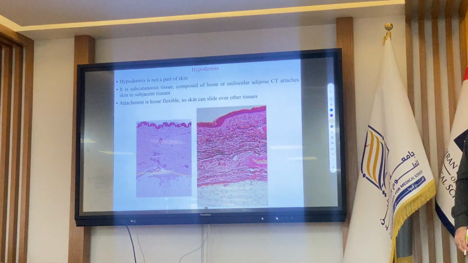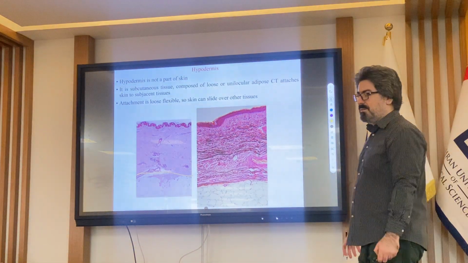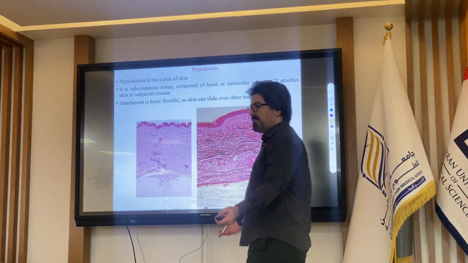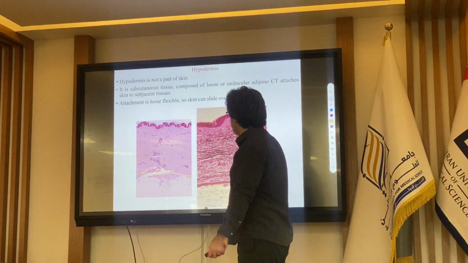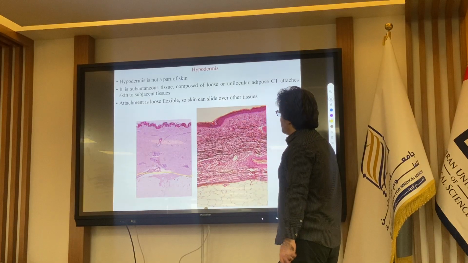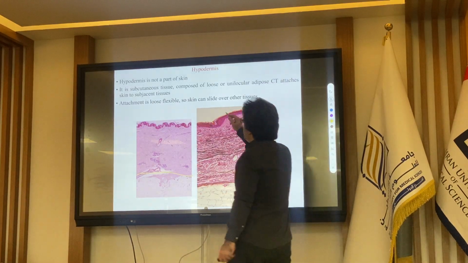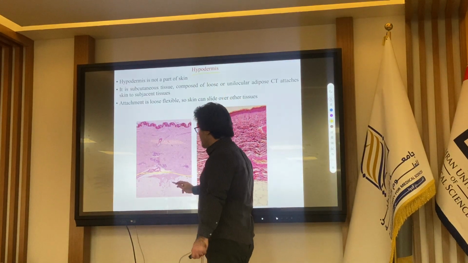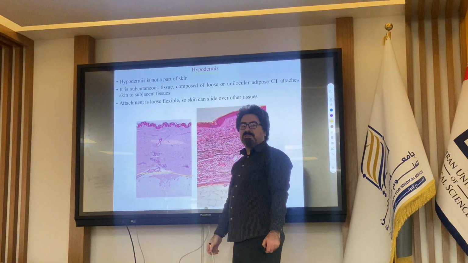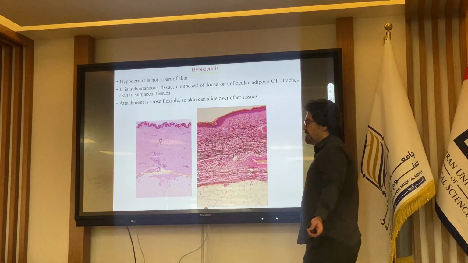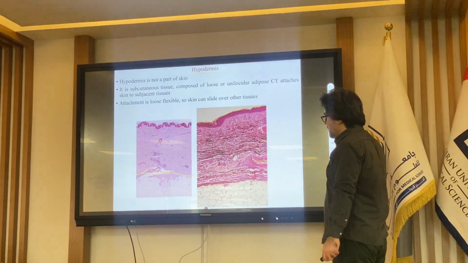And maybe in this area we can find hair follicles, nerves and so on, blood vessels. So maybe the most important feature of hypodermis is that it is rich in fat. And adipose tissue is a type of connective tissue.